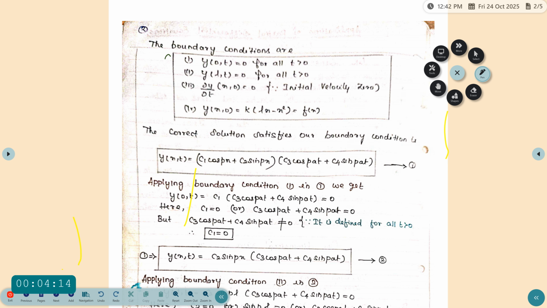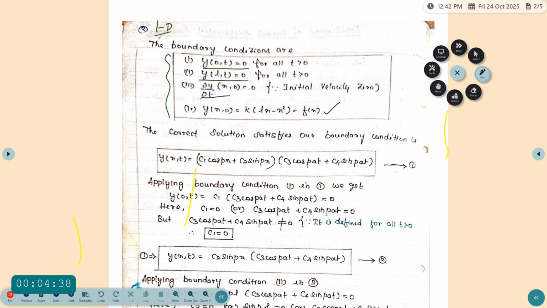There are four boundary conditions. y of (0, t) equal to 0 for all t greater than 0, and y of (L, t) equal to 0, and then the initial velocity is 0. Finally, y of (x, 0), the displacement, is given by k into (Lx minus x square), equal to f of x. So, these are the four boundary conditions for the one-dimensional wave equation.